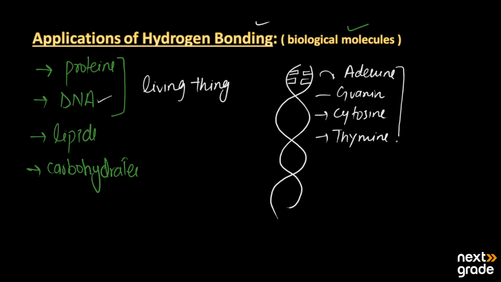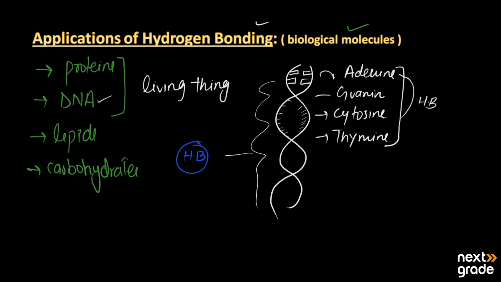These four nitrogen bases are found in this double helical structure, and these bases have hydrogen bonds between them. So the double helical structure of DNA has hydrogen bonds, so the strands are twisted around each other and joined to one another.